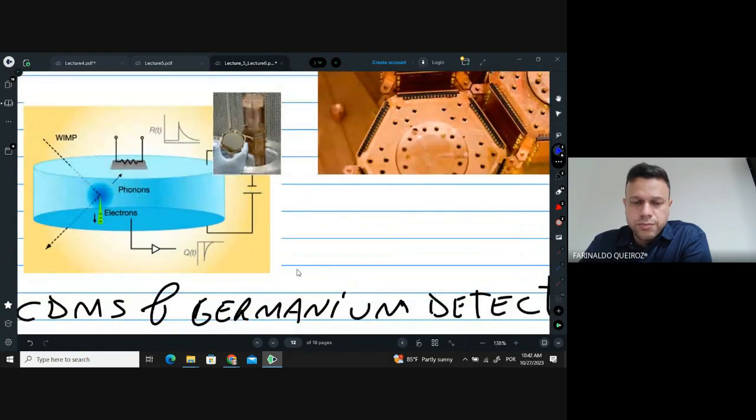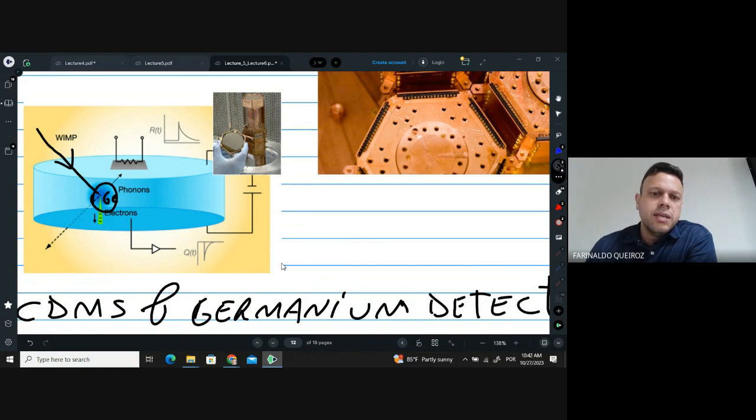Looks like this. What happens is a WIMP, or any dark matter particle, any weakly interacting massive particle, comes in and hits a germanium target. If the energy of the dark matter particle is larger than the ionization energy of germanium, then you rip off one electron. The electric field is pointing upwards, so the electron goes down.